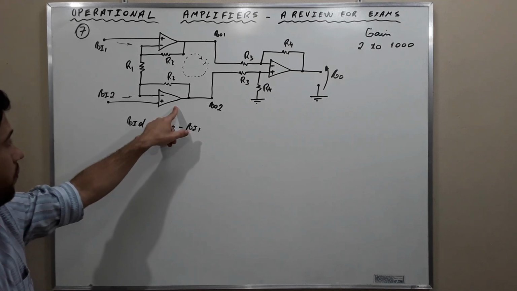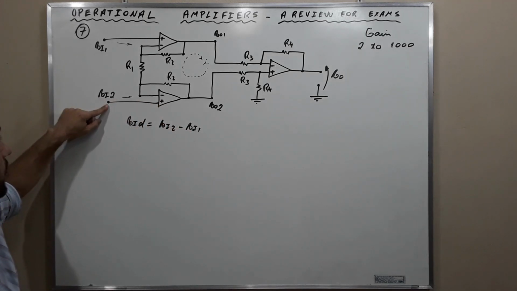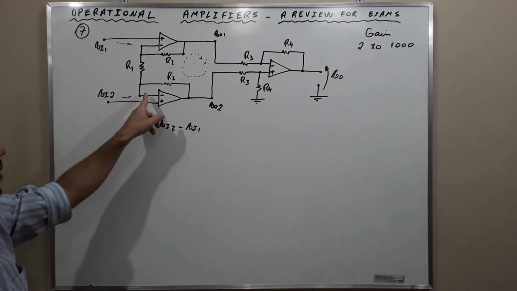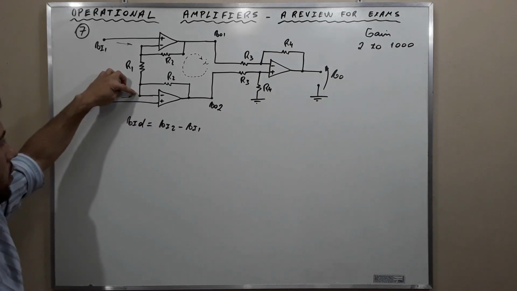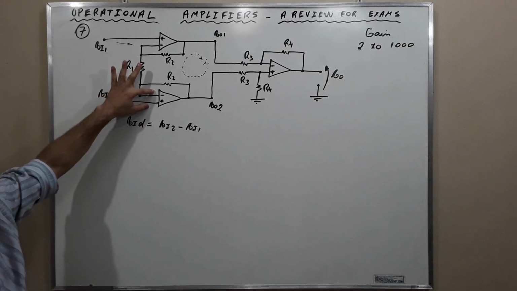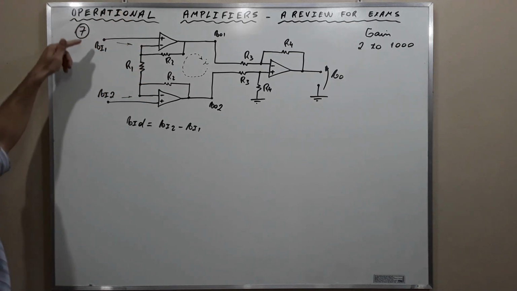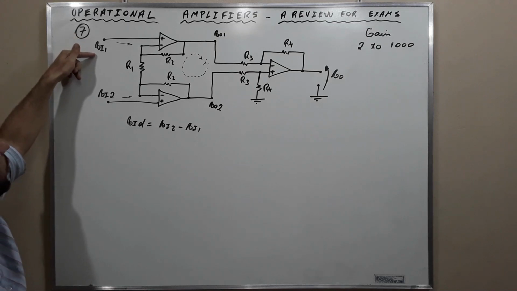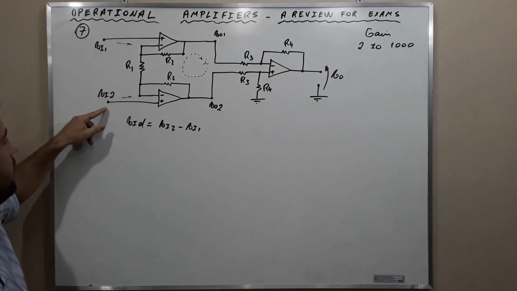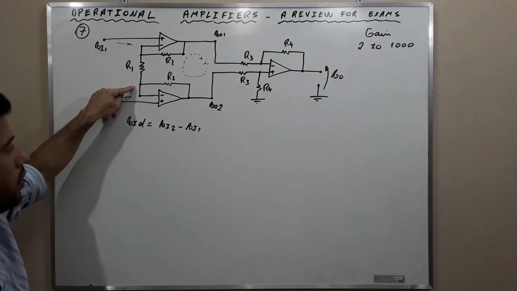If this is the case, then the voltage here will appear here, okay? Because there is a virtual short circuit here, and here as well, okay?